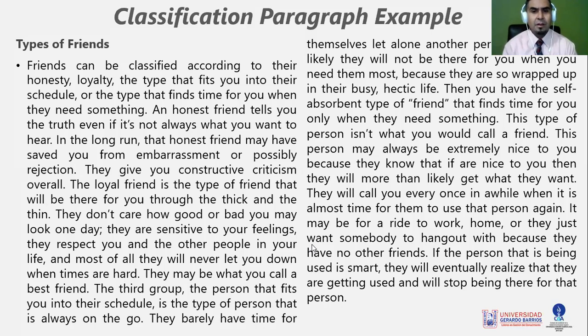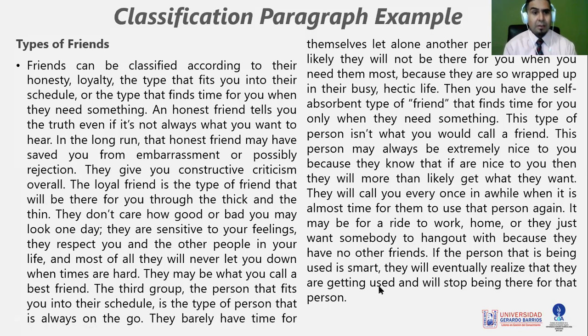Here we go. We have a paragraph, okay, a sample paragraph, so you can see how this works. It says classification paragraph example. Now, the main topic of this paragraph is types of friends. Or you can only say friends because we're going to talk about the different kinds of friends that we have. Okay, let's begin.